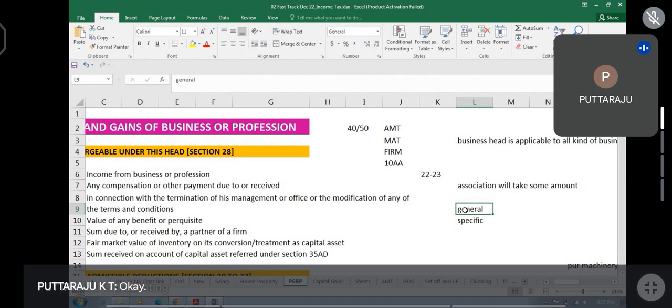Okay. If any service or any other transactions are given to all the members in general, it will not be taxable.